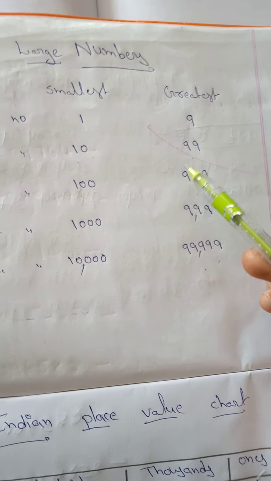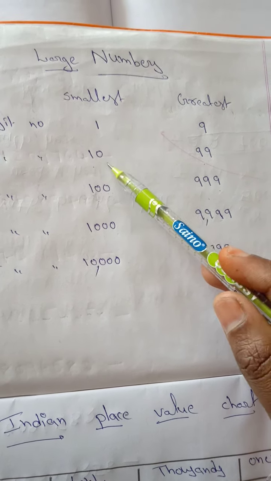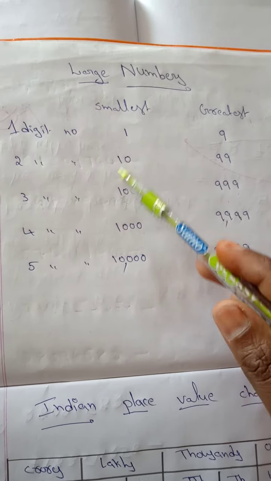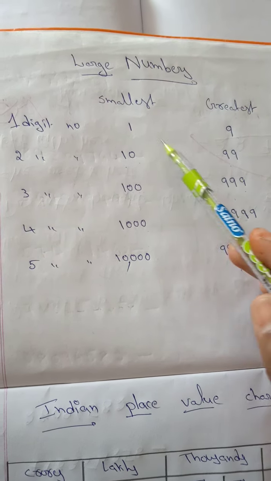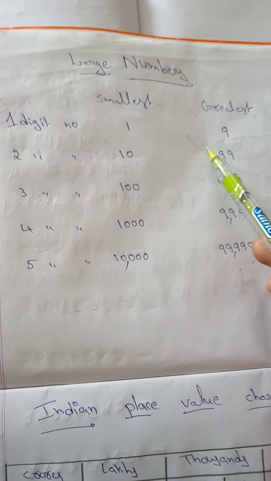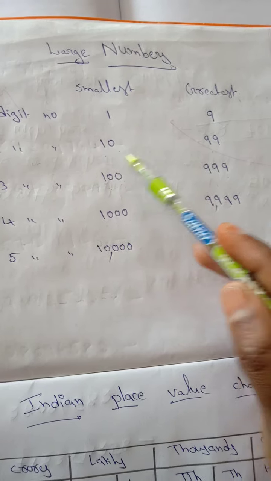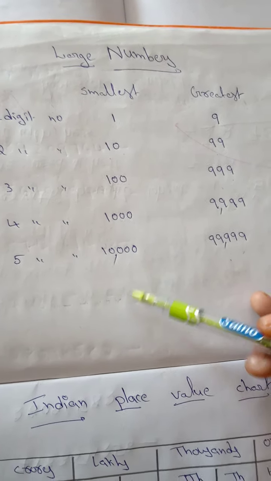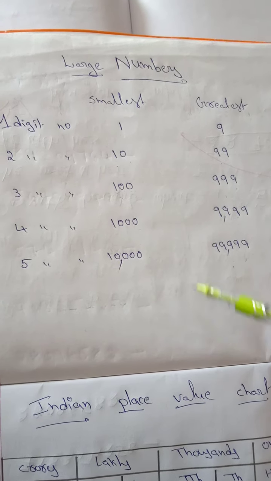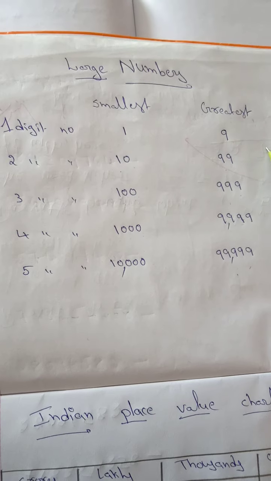What is the successor of 9? 10. Successor of 99? 100. The successor of the 1-digit greatest number is the 2-digit smallest number, and the successor of the 2-digit greatest number is the 3-digit smallest number. Clear, children? So plus 1 is a successor.